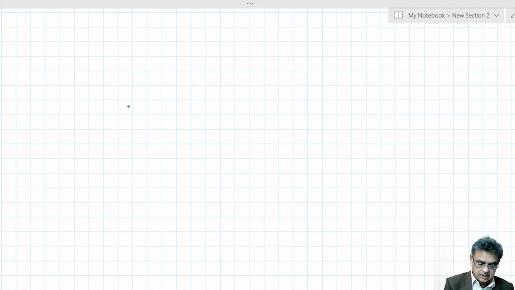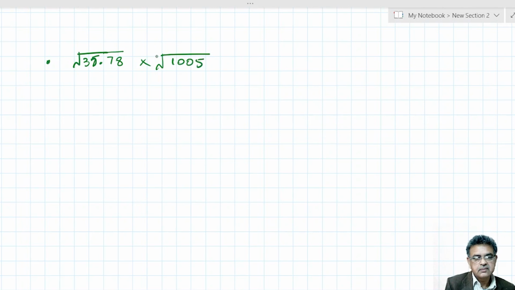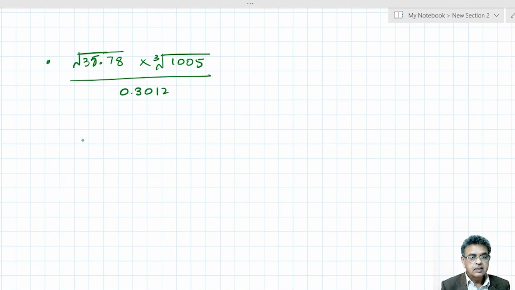Now, if this is a past paper question, and its value is the square root of 35.78 multiplied by the cube root of 1005, divided by 0.3012. Now estimate.